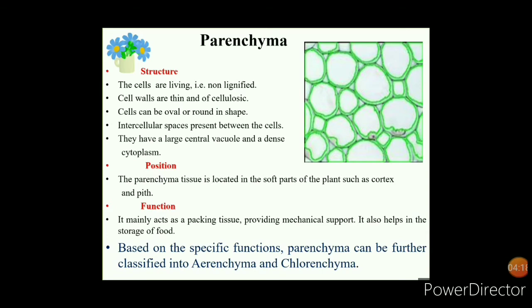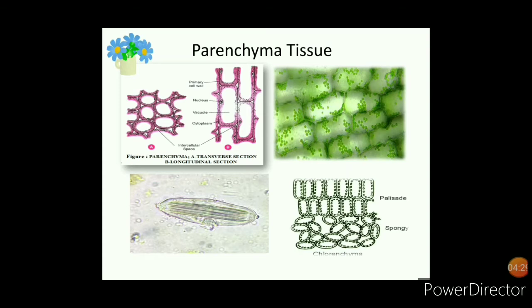Based on the basic functions, parenchyma can be further classified into Aerenchyma, Chlorenchyma as well as Idioblasts. When parenchyma cells contain chloroplasts, the tissue is called Chlorenchyma. These are mainly present in the leaves and other green aerial plant parts.